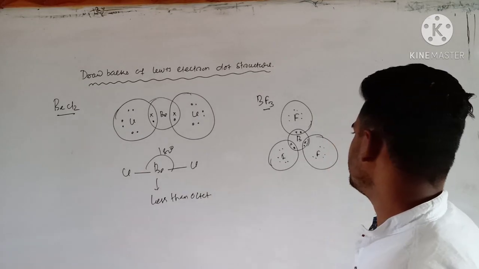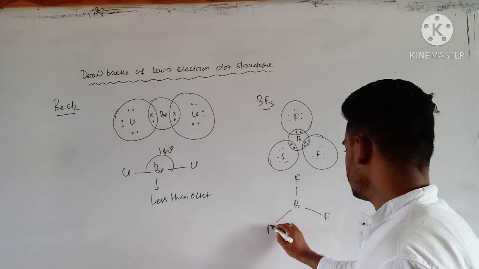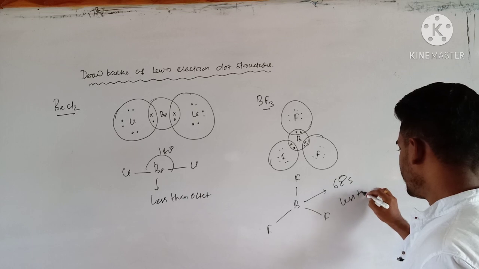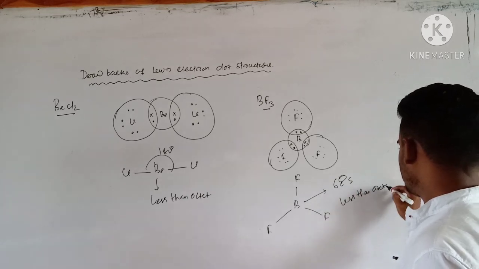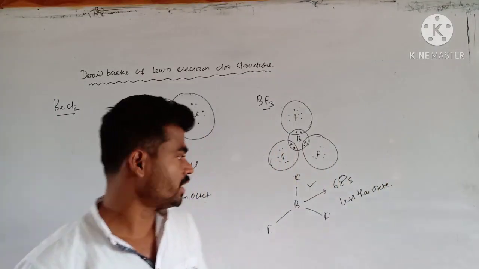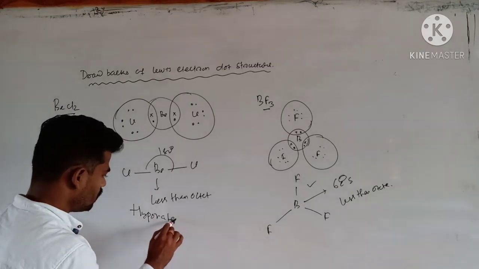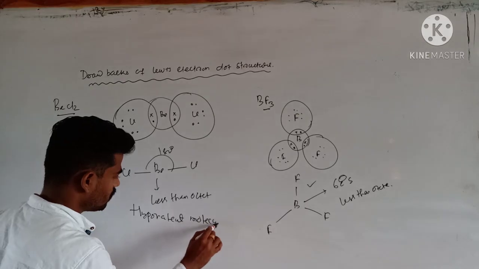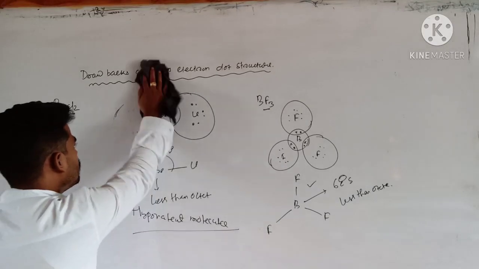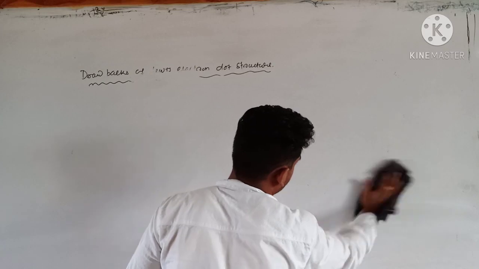So here you see boron is associated with 6 electrons in BF3, that is, less than octet, but this molecule exists. Since they are less than octet, such molecules are known as hypovalent molecules.